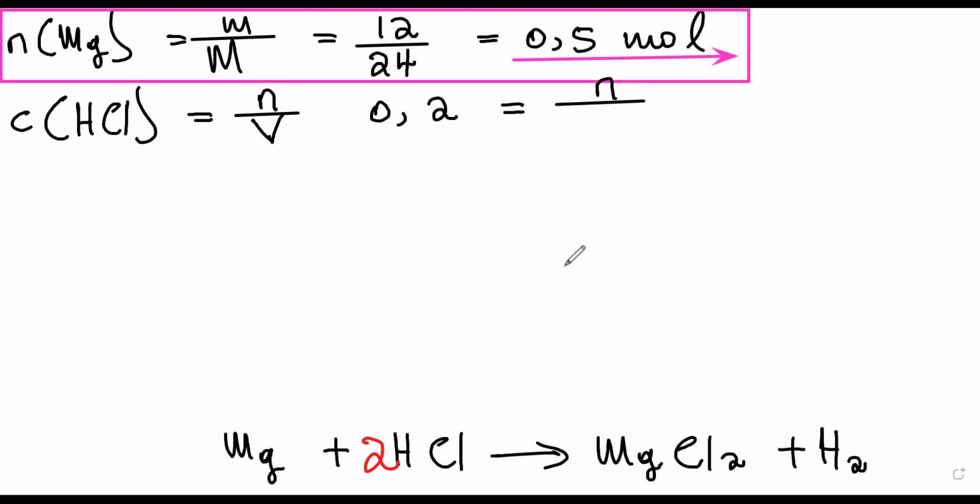It's in cubic centimeters, so we need to divide by 1,000 to convert this to cubic decimeters. So we get 0.1. And if we multiply 0.1 times 0.2, we simply get 0.02 moles.